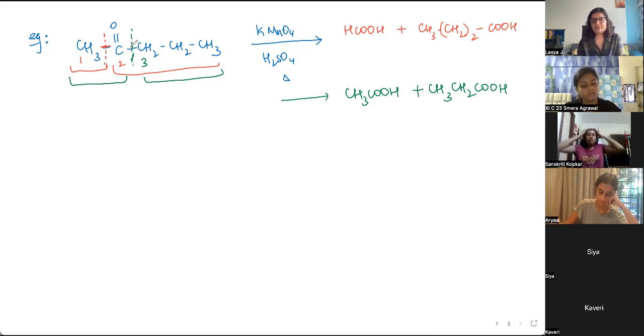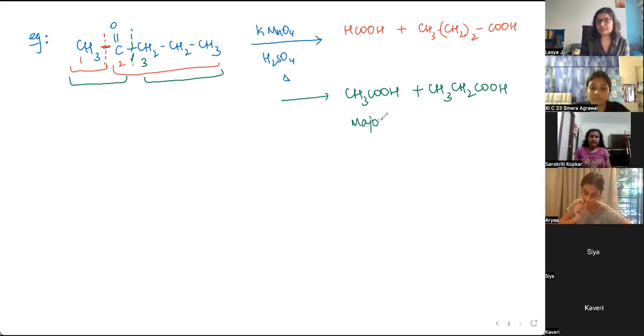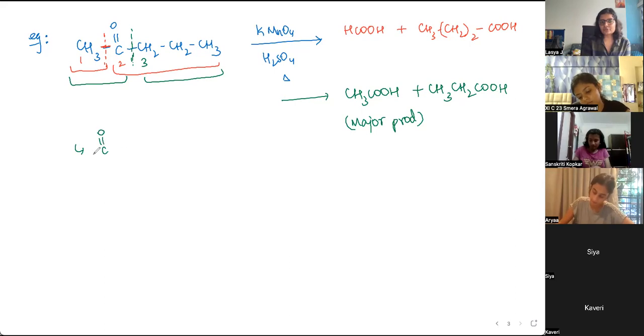So usually what happens in this sort of situation, whenever you have an unsymmetrical ketone, is that the C double bond O preferentially stays on the side of the smaller alkyl. So acetic acid is going to be a major product comparatively.